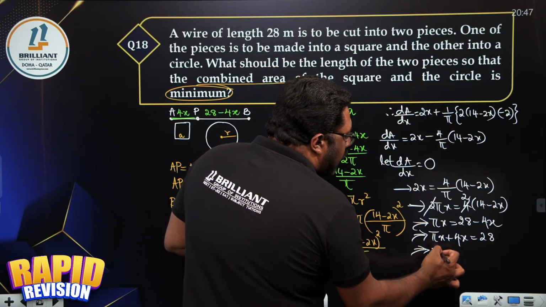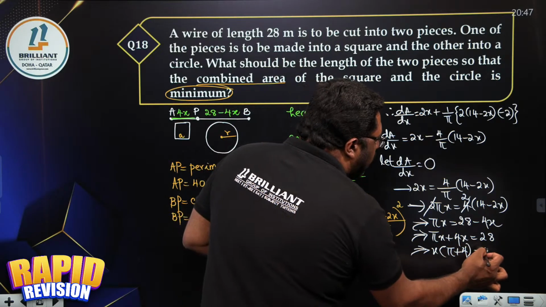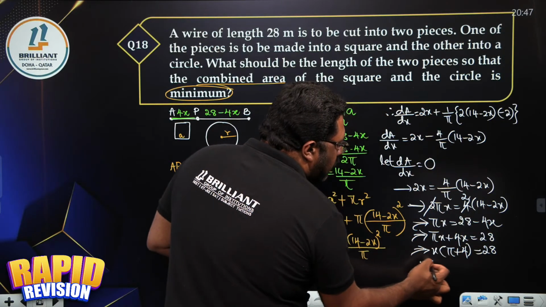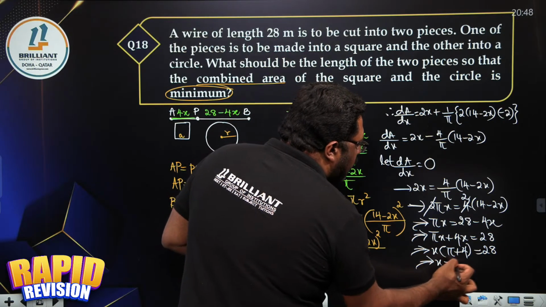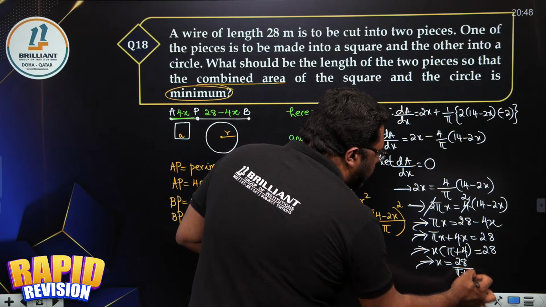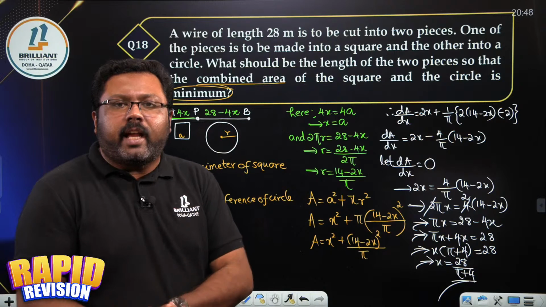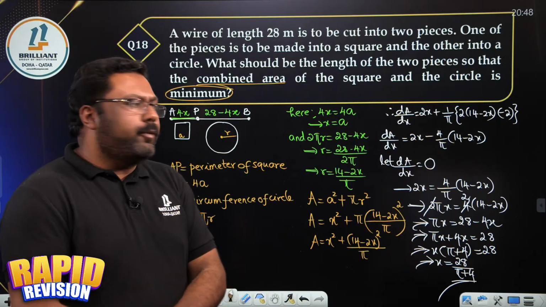So x into pi plus 4 equal to 28, and x is 28 by pi plus 4. I got the critical value for x, 28 by pi plus 4.